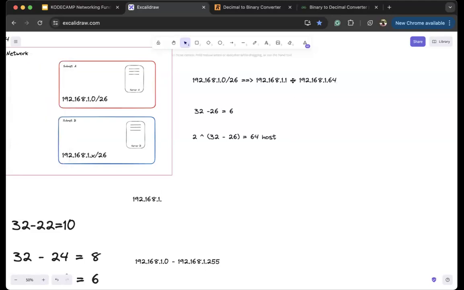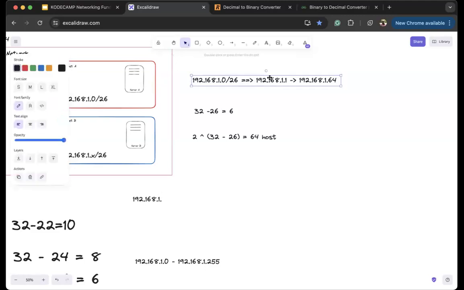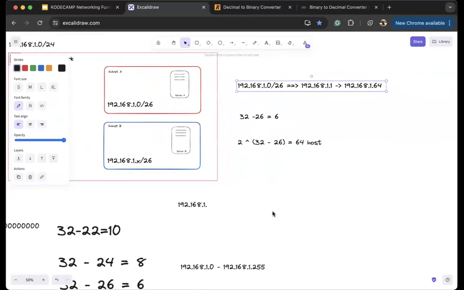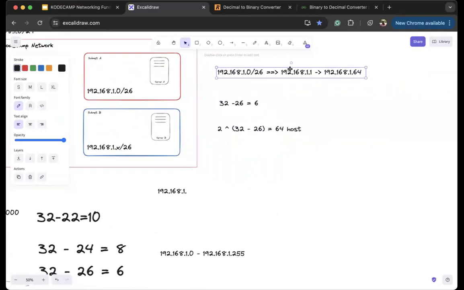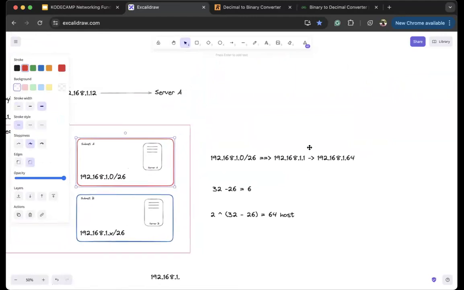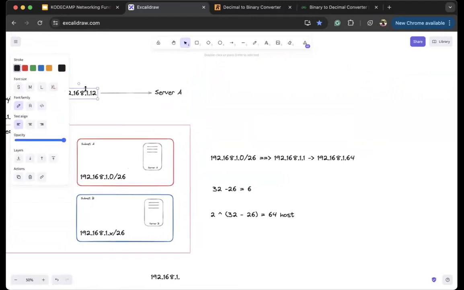For instance, that is not regarding the reserved IPs, right? So you have some reserved IPs for broadcasting and some other things. So this would be the range of IPs for hosts within this subnet A, right? And we will have this one as one of them. So between 1 and 64.